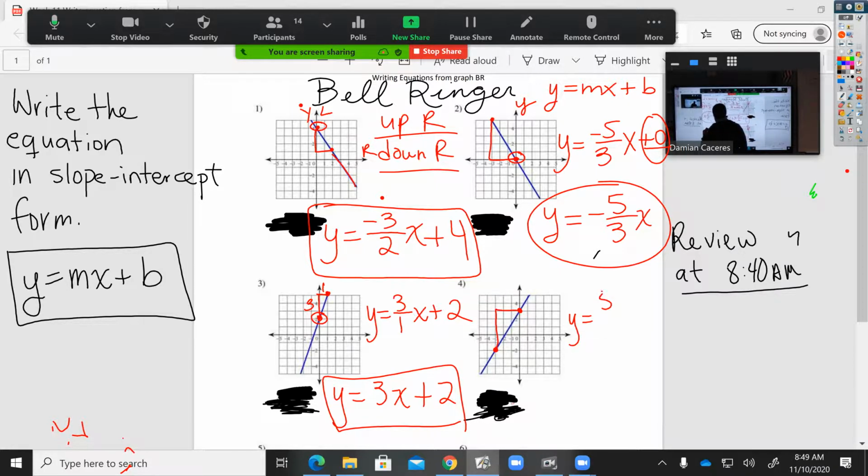So I already know my slope is positive 5 over 3. Only thing left to put is the y-intercept, which is where this blue line touches the y-axis, which is on positive 3. This is how you come up with an equation from a graph.